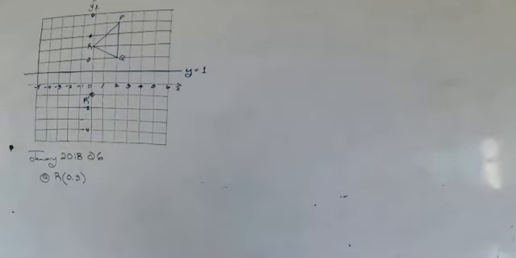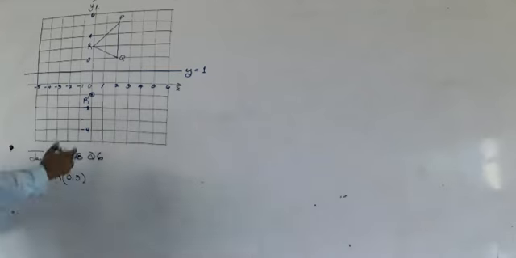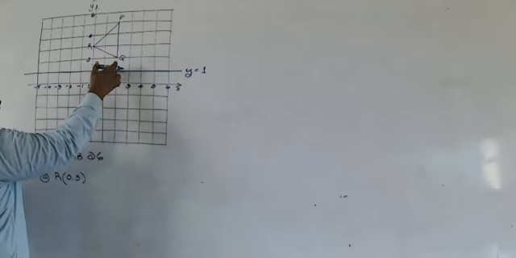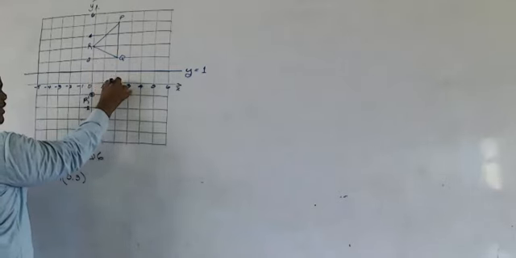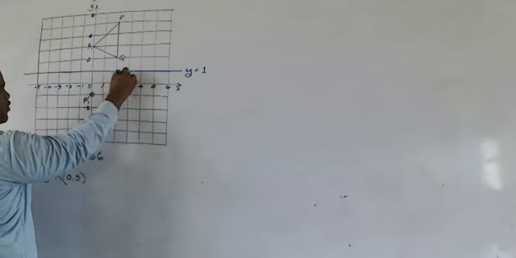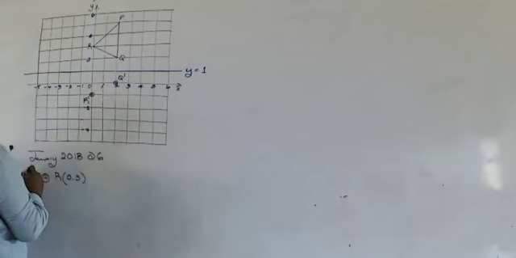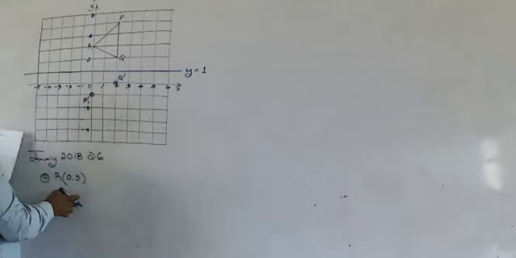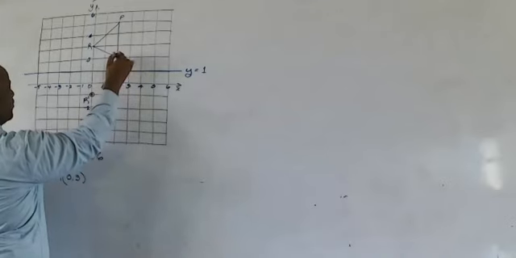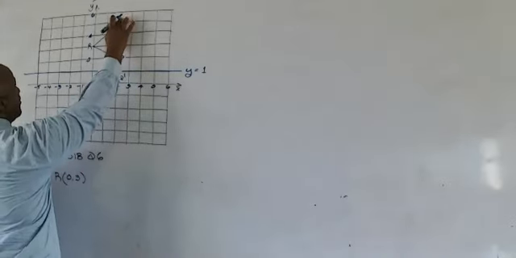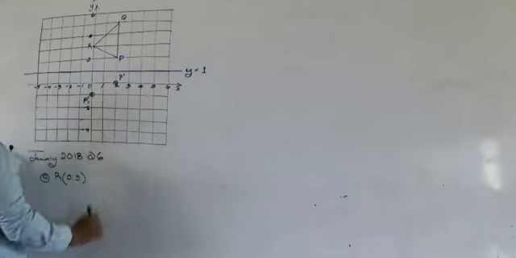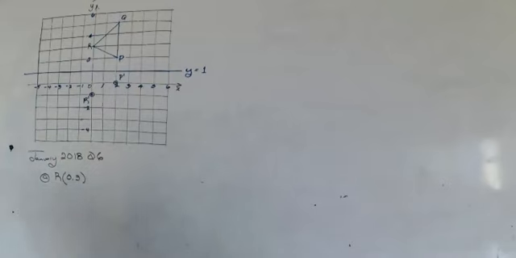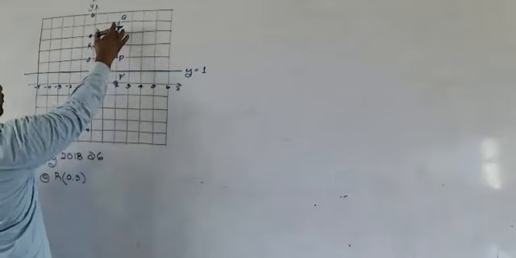How far is Q from the mirror line? Q is 1 unit from the mirror line. The image Q prime is 1 unit from the mirror line, but on the other side. This would be Q prime. Then P. How far is P from the mirror line? 4 units. 1, 2, 3, 4.